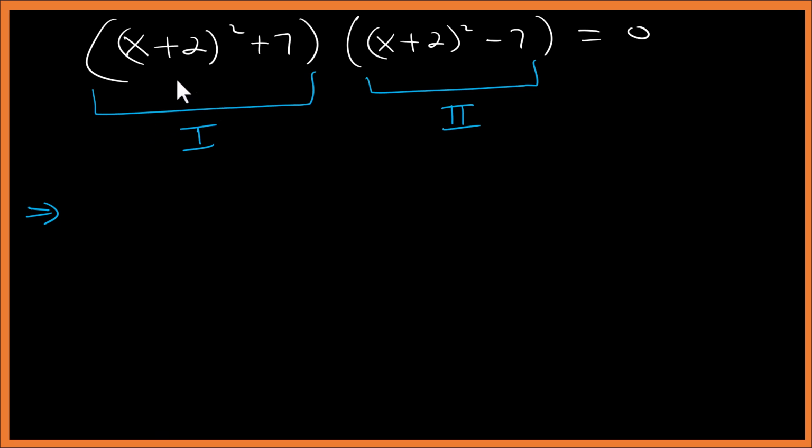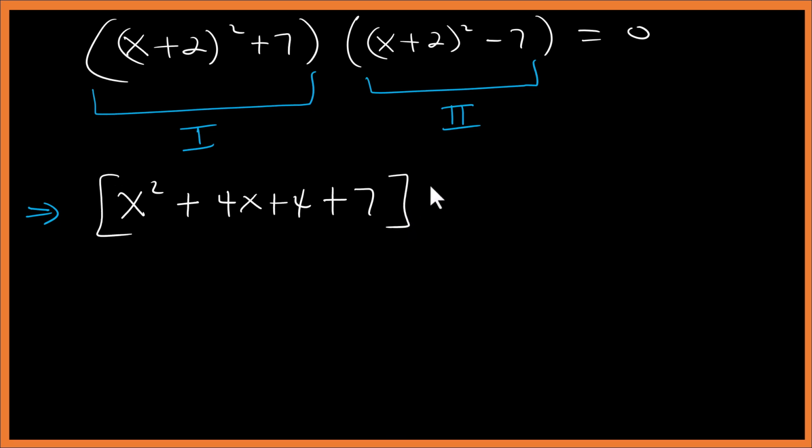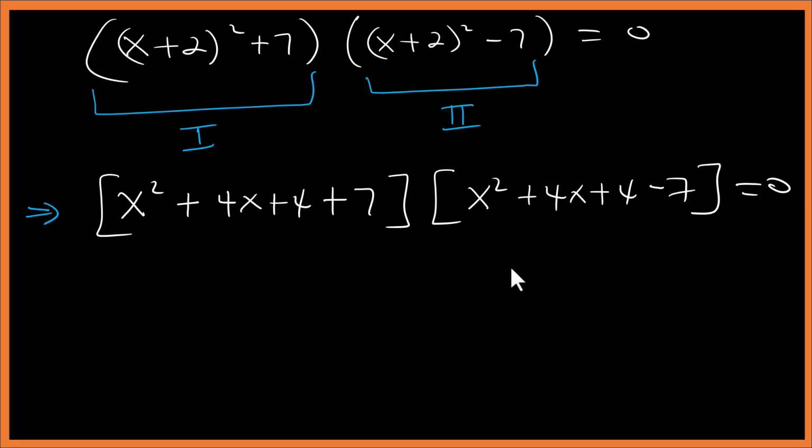Now from here, we can expand this square, the same as x squared plus 4x plus 4, plus 7. That is for the I. And we have x squared plus 4x plus 4 minus 7 equals 0.